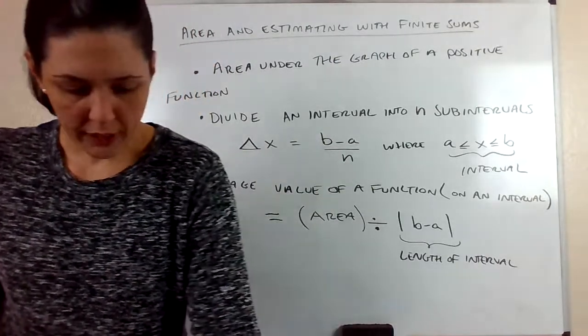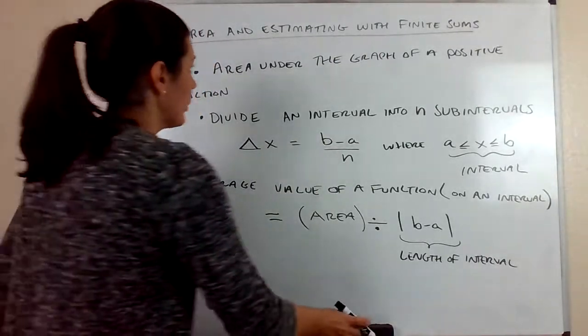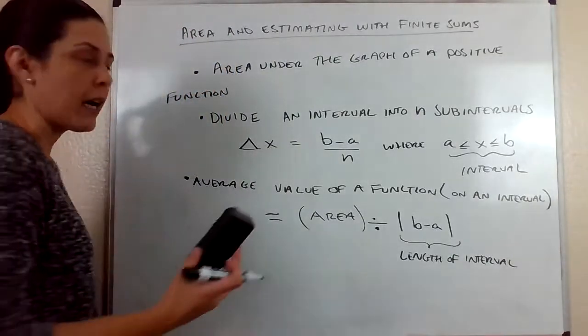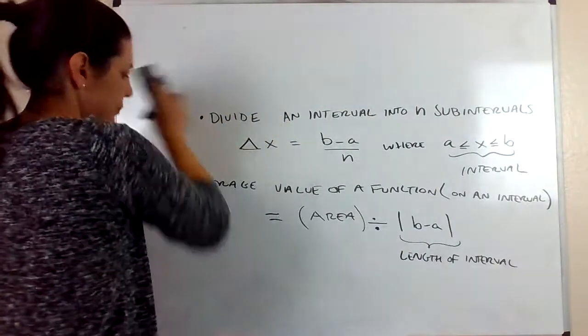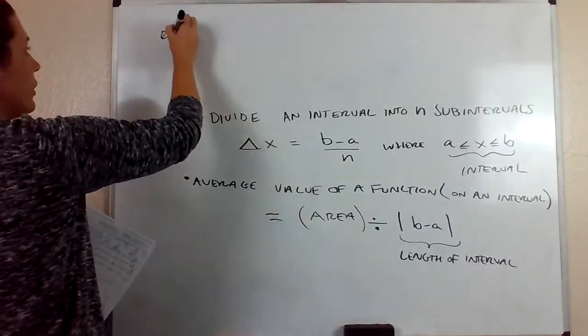So let's jump right into it. We're going to be estimating the area under a graph. So let's get rid of just this very top part and write down our example.